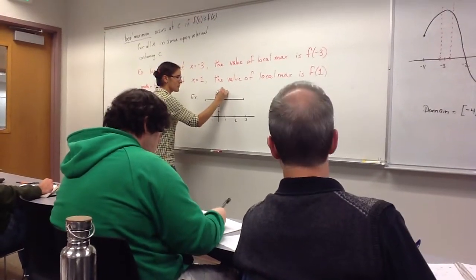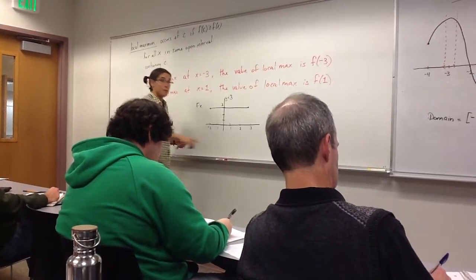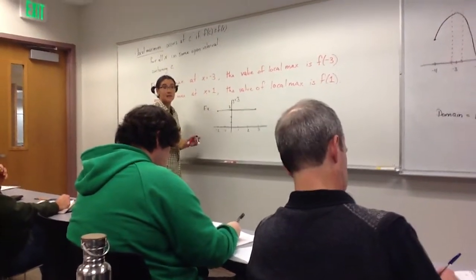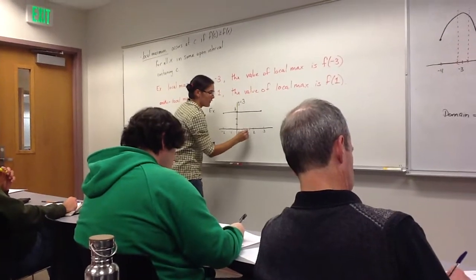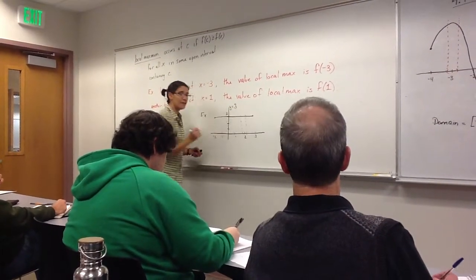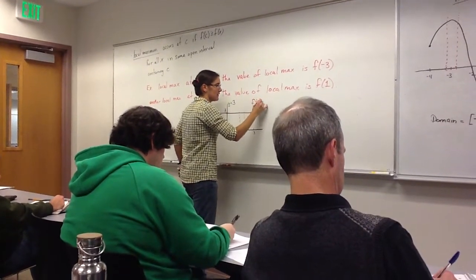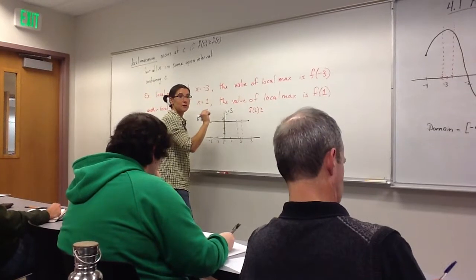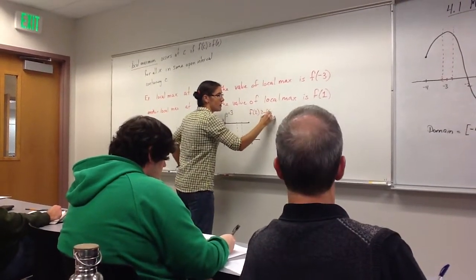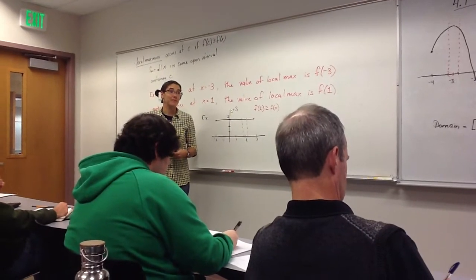So here's the function y equals 3. Pick your favorite x value. Let's say x equals 2. When x is equal to 2, within this little interval that we have here, f of 2 is greater than or equal to all corresponding y values within a little neighborhood.